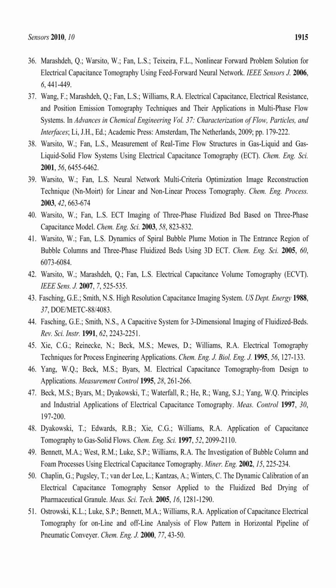Warsito, W., Fan, L. S., Measurement of real-time flow structures in gas-liquid and gas-liquid-solid flow systems using electrical capacitance tomography, Chem. Eng. Sci., 2001, 56, 6455-6462. 19. Warsito, W., Fan, L. S., Neural Network Multi-Criteria Optimization Image Reconstruction Technique.